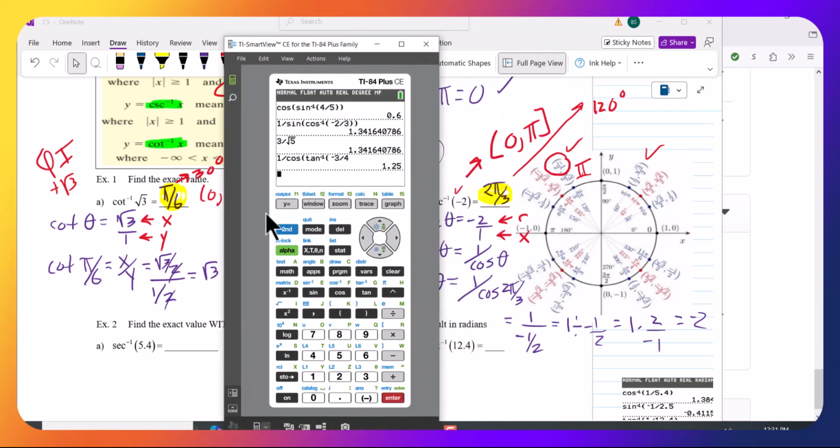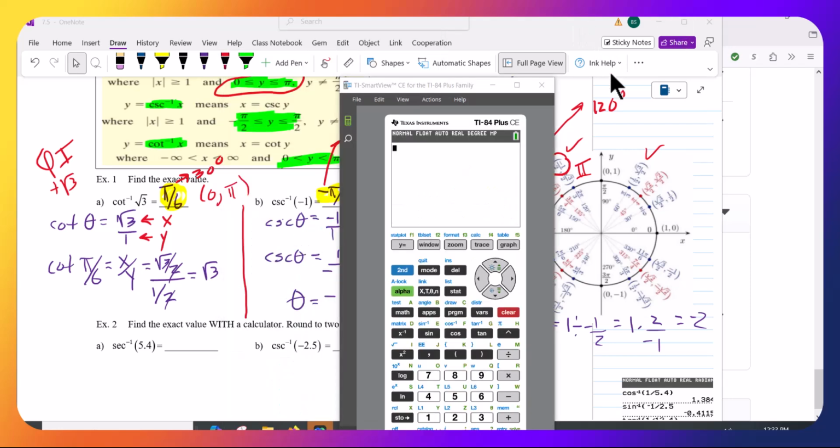And what I'm going to do is I'm going to put my calculator in degree mode. I'm already in degree mode. So what I'm going to do is clear everything off. If you do a cotangent, you have to basically write this like this. So the way you would have to check this is like this. Okay, so this is how you check your answer. Now my calculator is in degree mode.